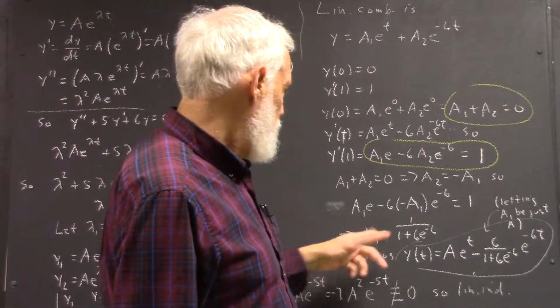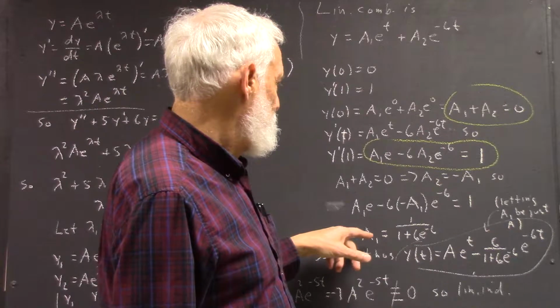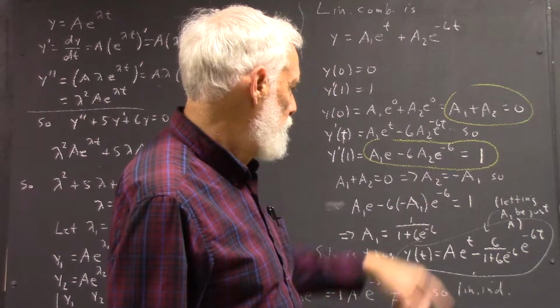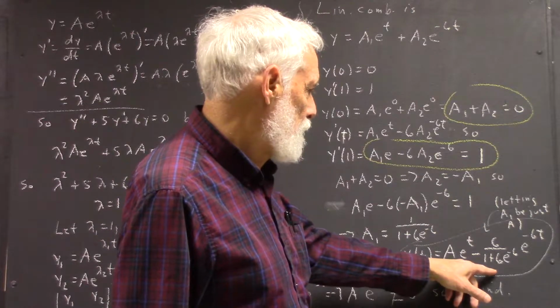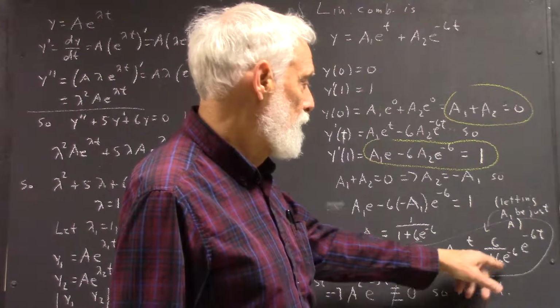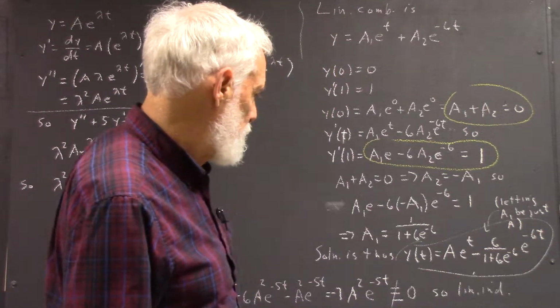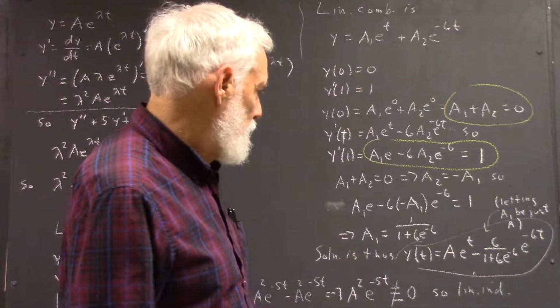And if a1 is a, then a2 is negative a1, and we'll have negative 6 over 1 plus 6 e to the negative 6 times e to the negative 6t. It should be clear how we get these.